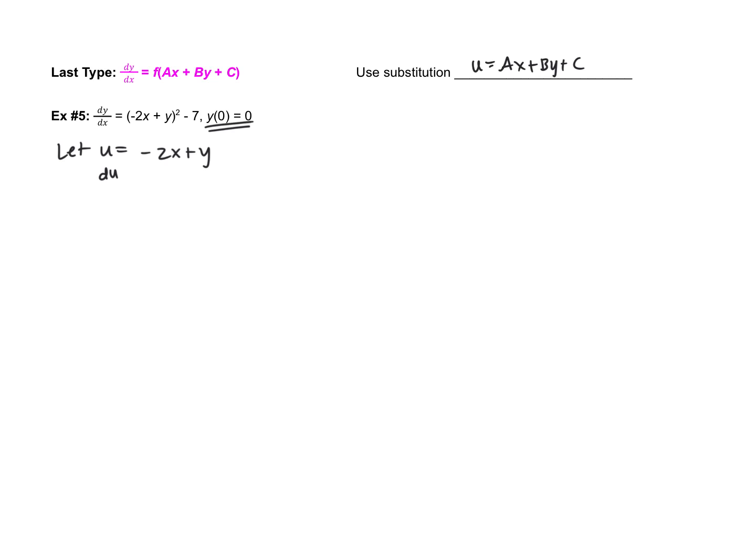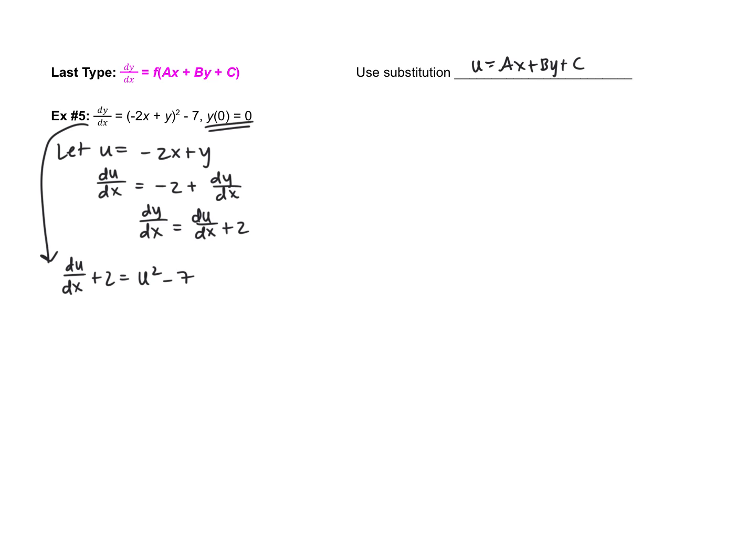du/dx then will be negative 2 + dy/dx. So like we did before, dy/dx will be equal to du/dx + 2. Going back to our equation, substituting for dy/dx, we get du/dx + 2 is equal to u squared - 7.